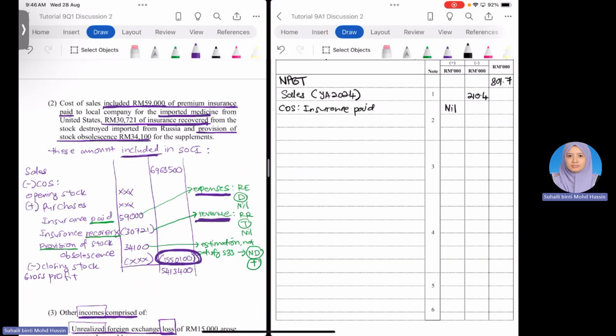When it is a revenue receipt, the amount is subject to tax in taxation. You already added the amount of 30,721 in the SOCI, so for taxation purposes you don't have to tax this amount anymore, as it is already included in the net profit before taxation. So there is no adjustment needed. We also record it as nil.